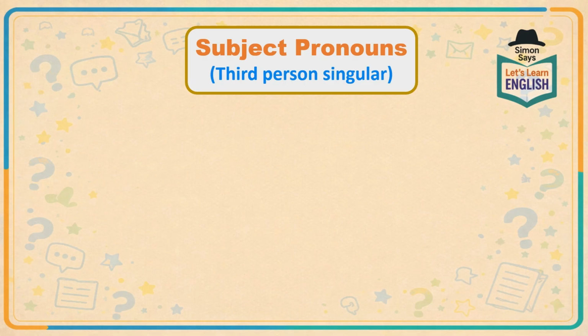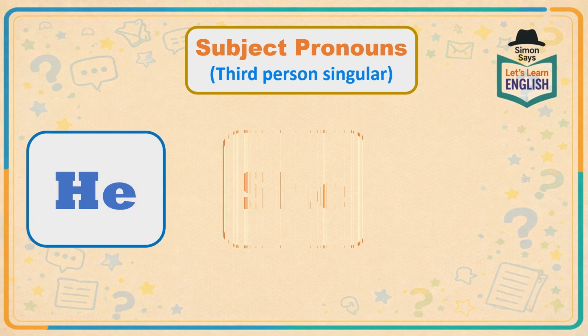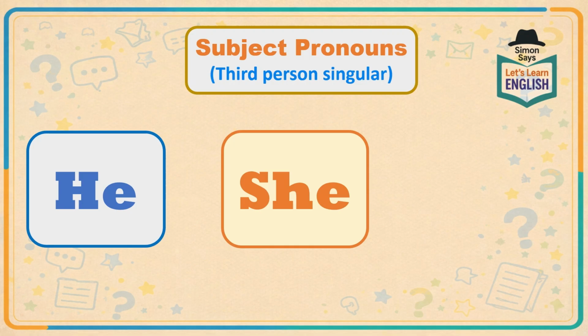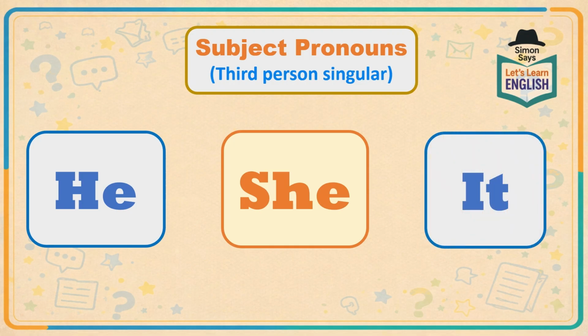Now, the subject pronouns for the third person singular are he, she, and it.